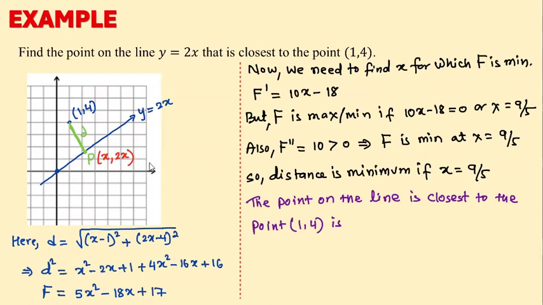It's (x, 2x). X is 9 over 5. 2x will be, multiply this by 2. So when you multiply 9 over 5 by 2, 9 times 2 is 18 over 5. So the point that is closest to (1, 4) on this line is (9 over 5, 18 over 5). So this is how we can solve the optimization problem using the first and second derivative.